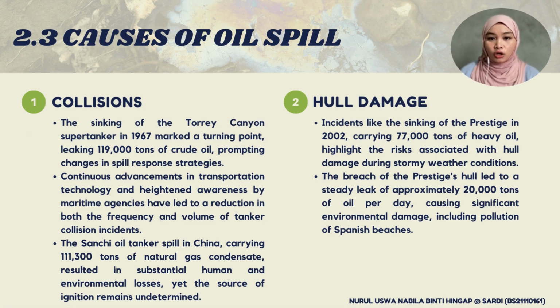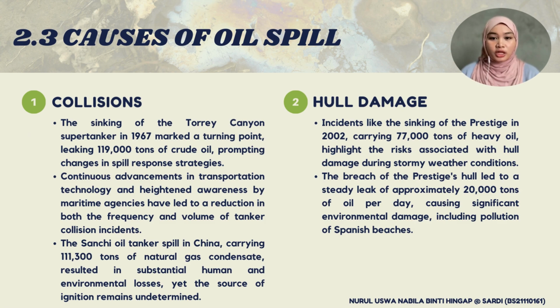Similarly, the Sanchi oil tanker spill in China inflicted significant human and environmental harm as it discharged 111,300 tons of natural gas condensate and 1,000 tons of marine fuel. Besides, hull damage has played a significant role in past tanker accidents. One such incident occurred in 2002 with the sinking of the Prestige, which was carrying around 77,000 tons of heavy oil.